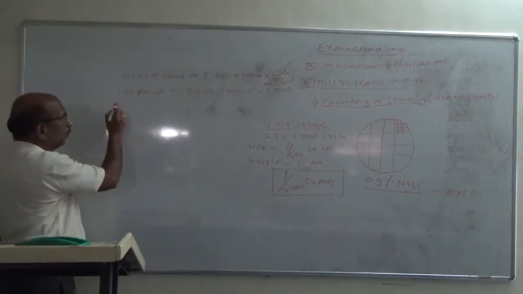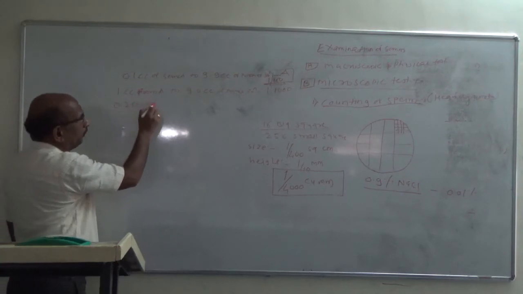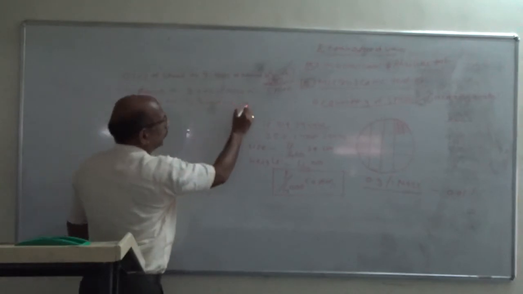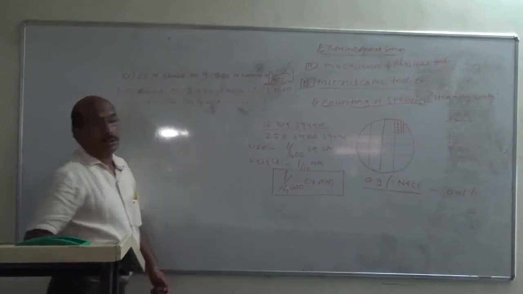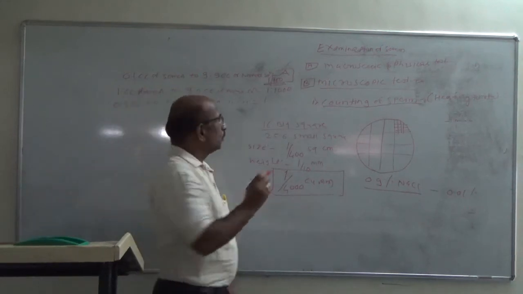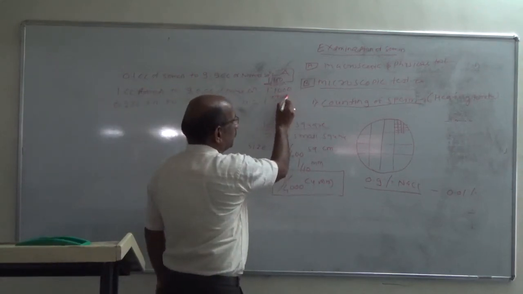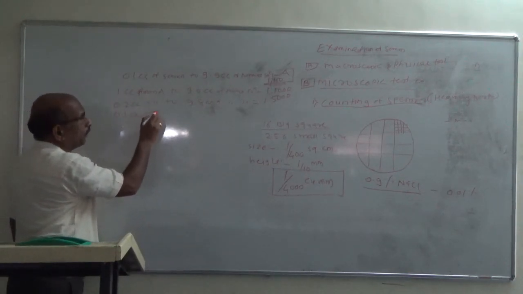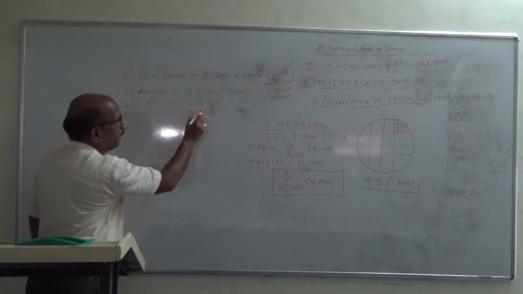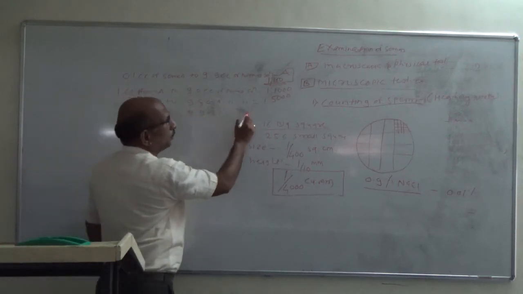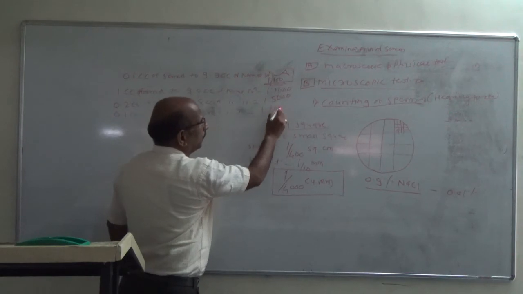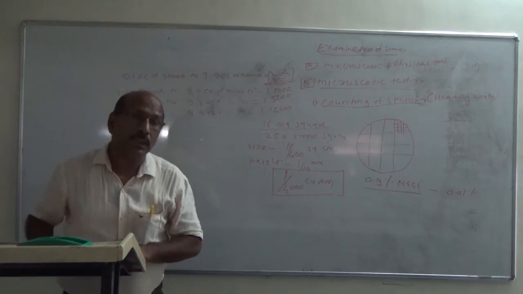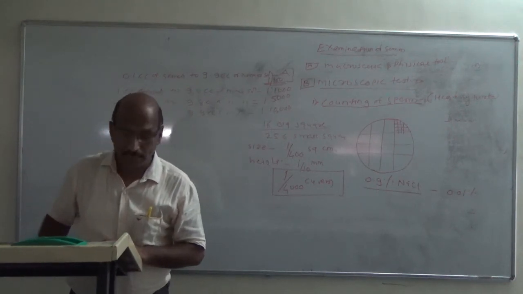Then 0.2 cc from A to 9.8 cc of normal solution, the ratio is 1:5000. Then 0.1 cc from A to 9.9 cc of normal solution, so the ratio is 1:10,000. So firstly the dilution is to be made.